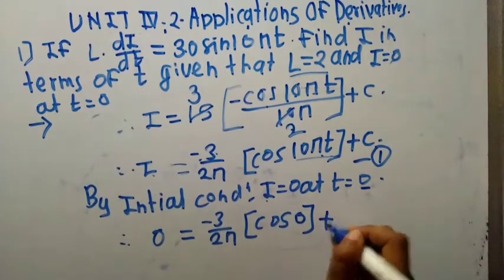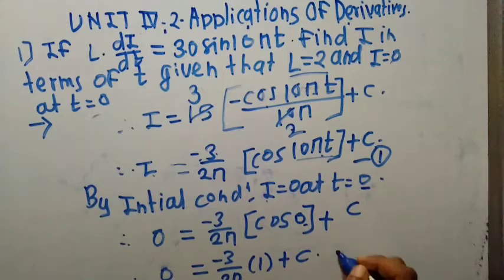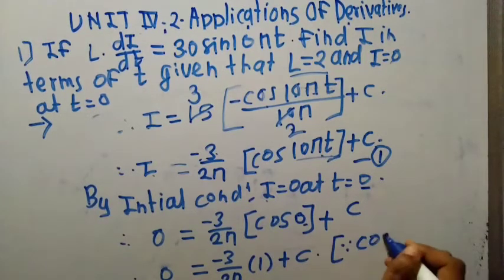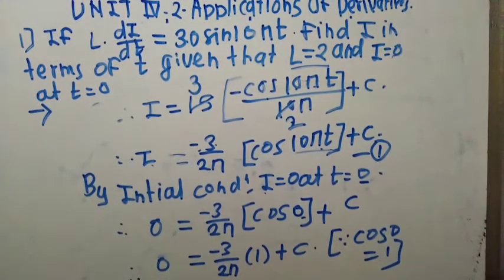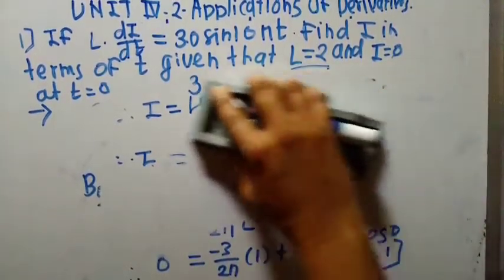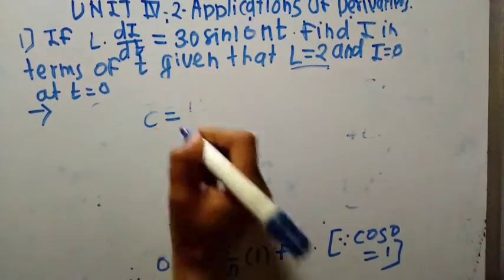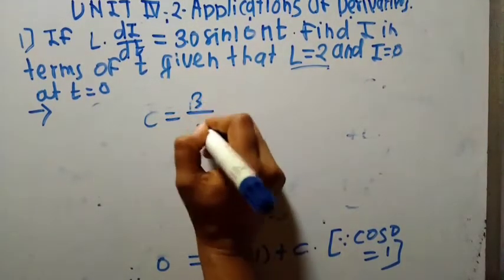Hence which is equal to minus 3 by 2 pi, and cos 0 is 1, plus c. Since cos 0 is equal to 1, here c is equal to 3 divided by 2 pi.